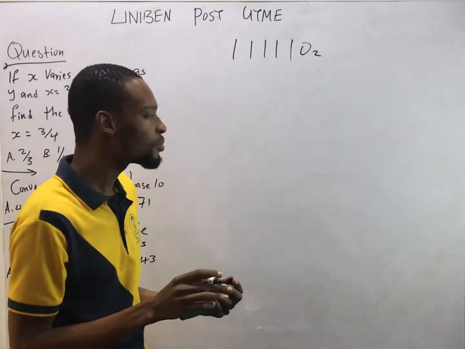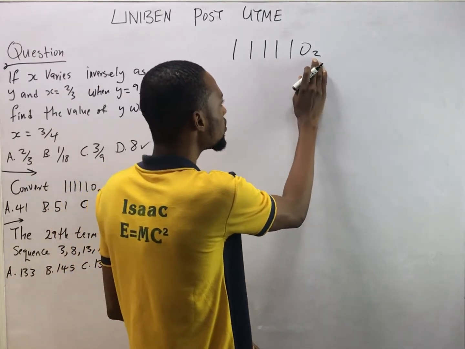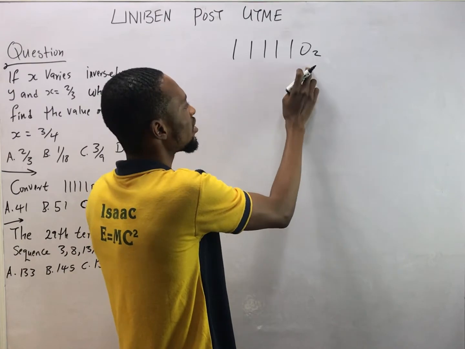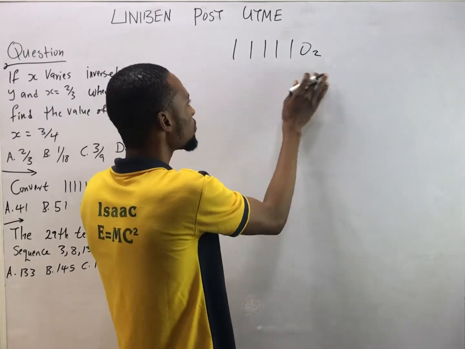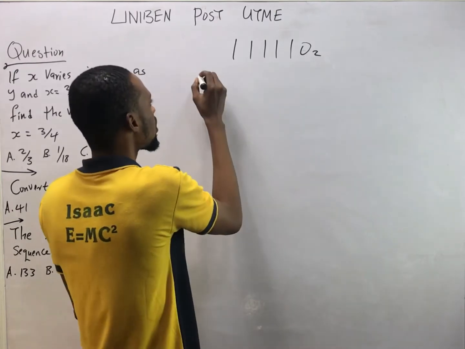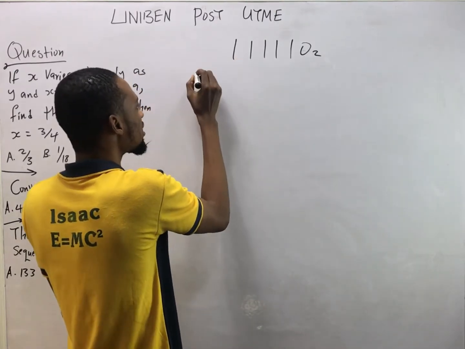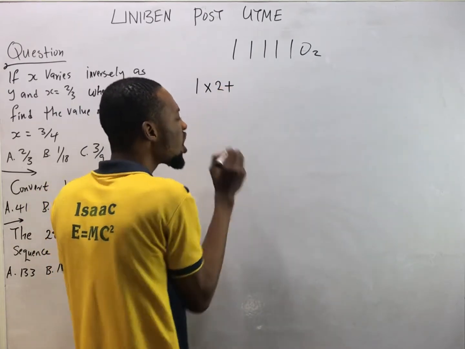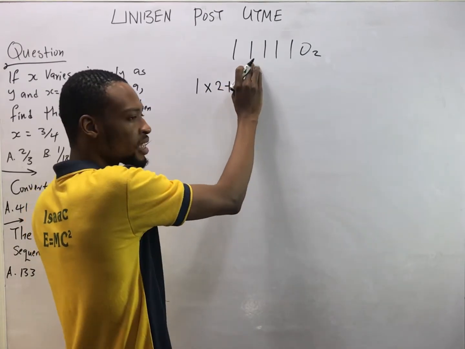So look at what you do. This is the value and it is base 2. Now, multiply every number here by 2. As you multiply, you add. Pick this 1 and say 1 times 2 plus, you move to the second one.